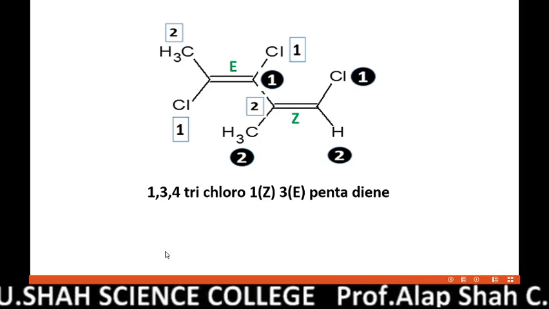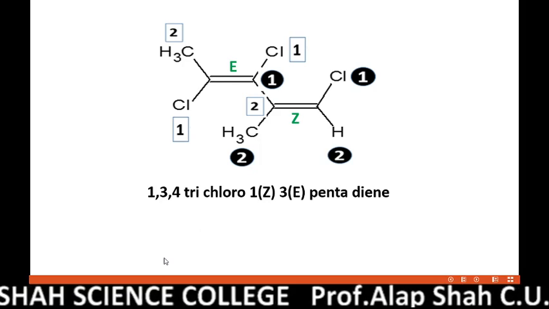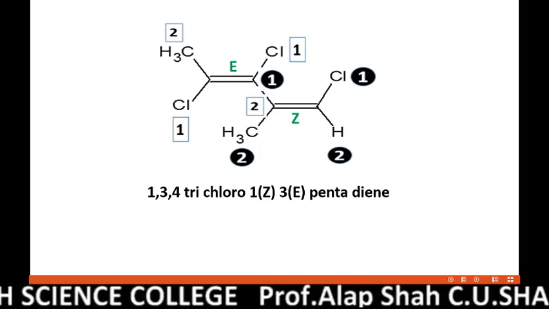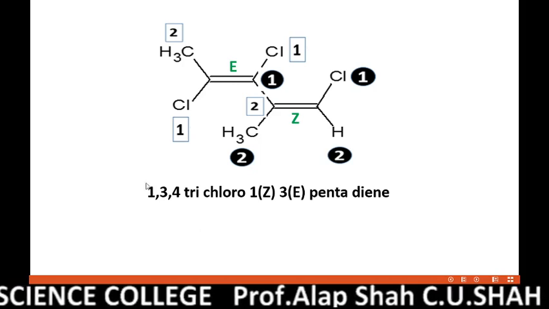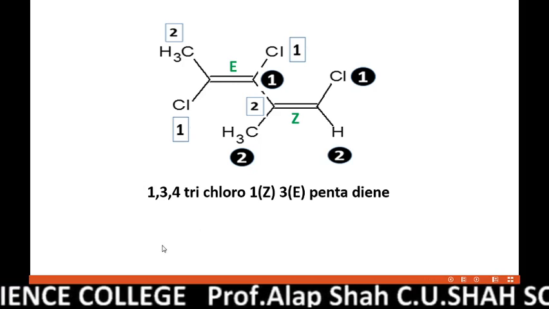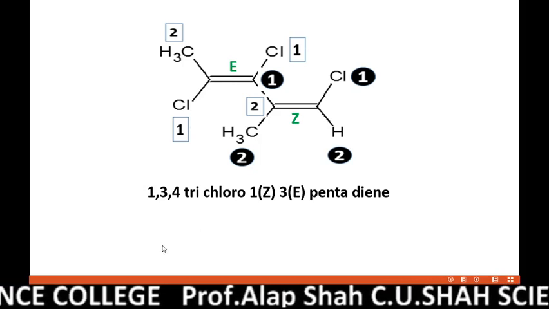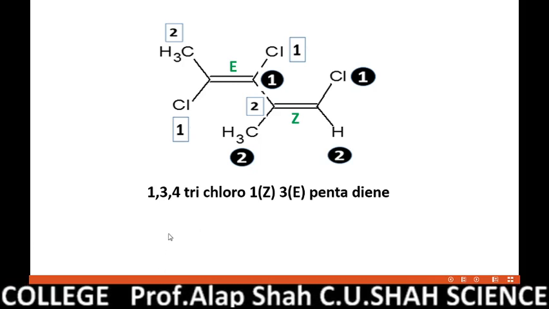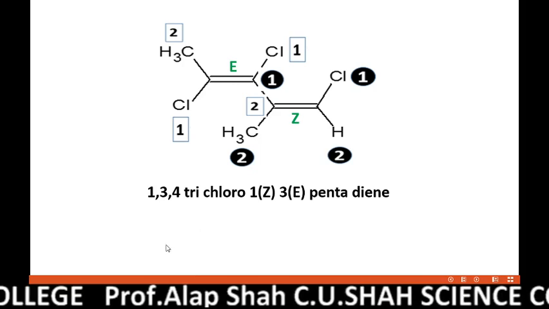So I hope that you will understand E-Z nomenclature, for simple systems and a little bit complex ones. It's not complex, but the systems having more than one double bond. We are just repeating the same procedure for the double bonds individually.